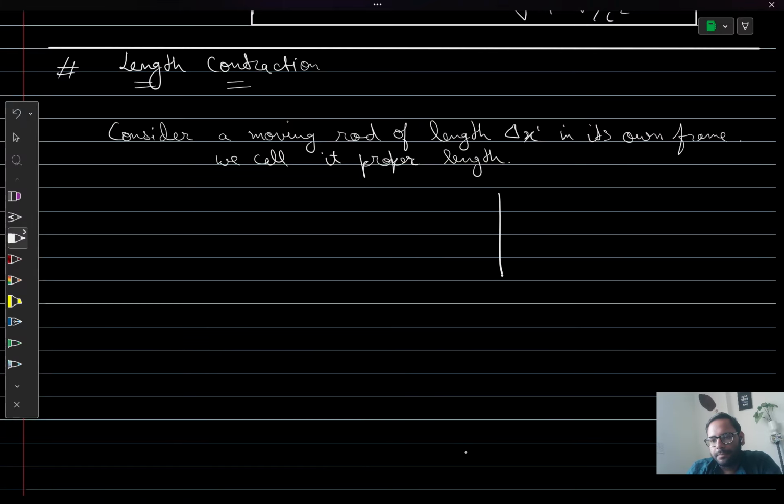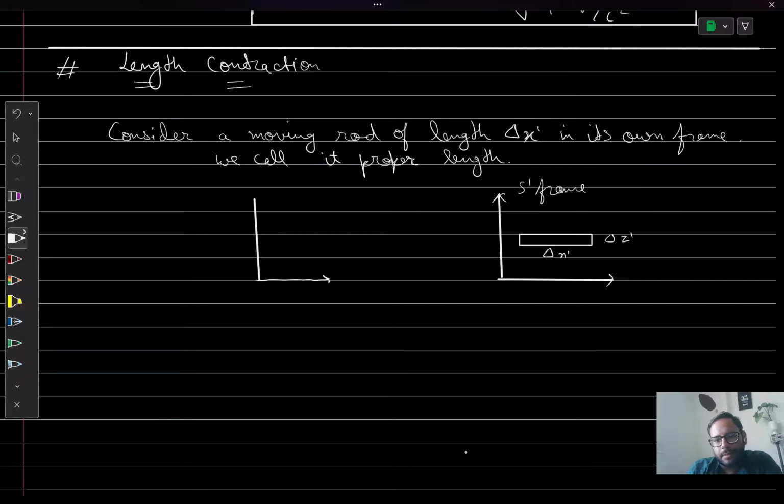So this is my S prime frame, and I have a rod here, suppose, and it has some length, or you can take its height also, it will not matter much.